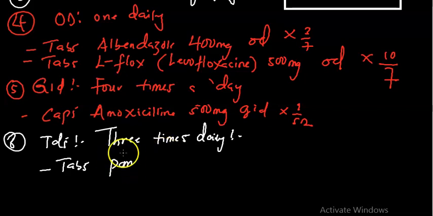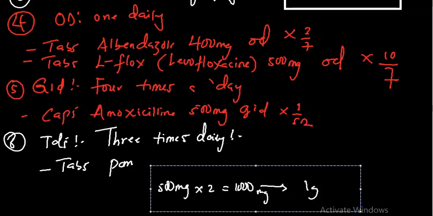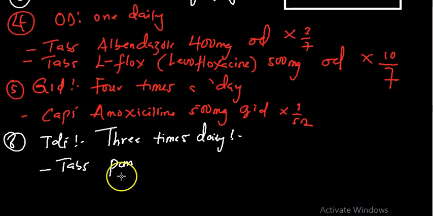This is a short form of paracetamol. Each tablet contains 500 milligrams. 500 multiplied by 2, this is simply going to be 1000 milligrams. 1000 milligrams is equivalent to 1 gram. That is for full adult dosage. Therefore, PCM is simply going to be 1 gram TDS multiplied by 3/7.